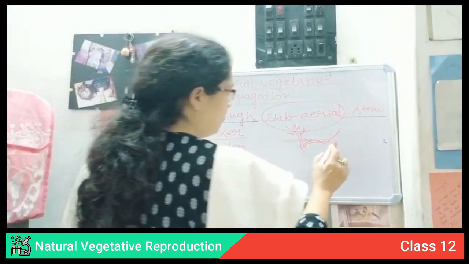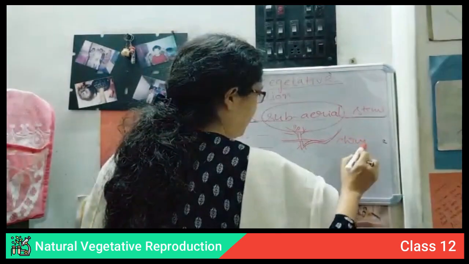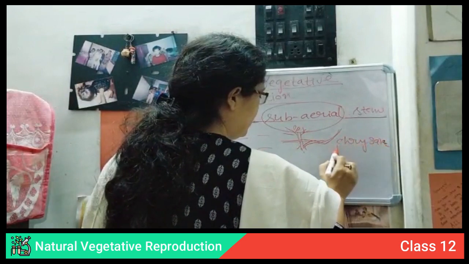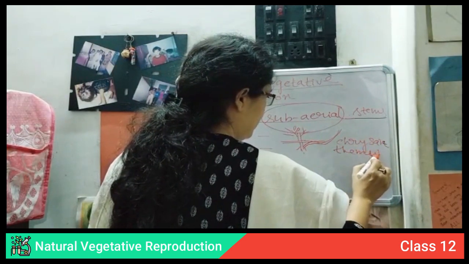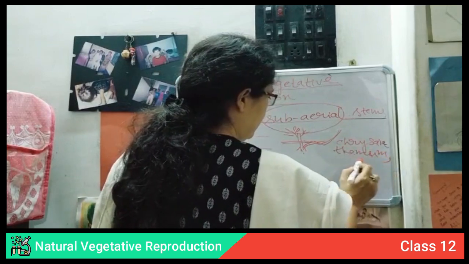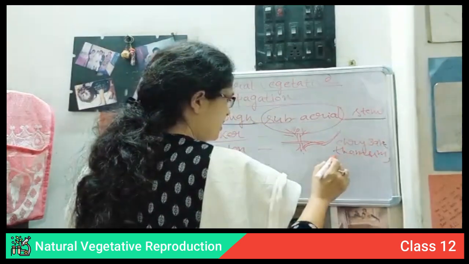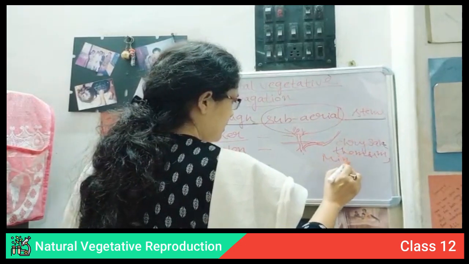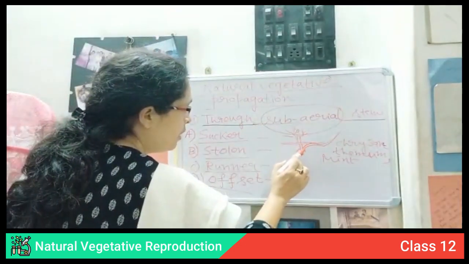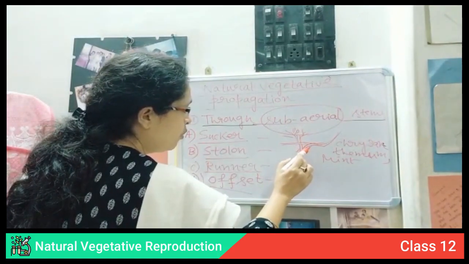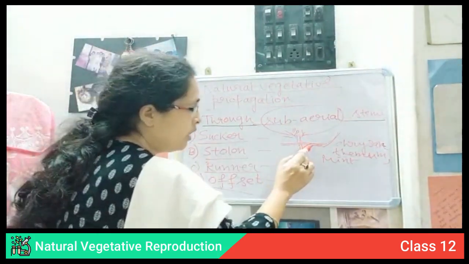Examples are chrysanthemum and mint. So what happened in sucker? First, some underground stem which has axillary bud grows horizontally.